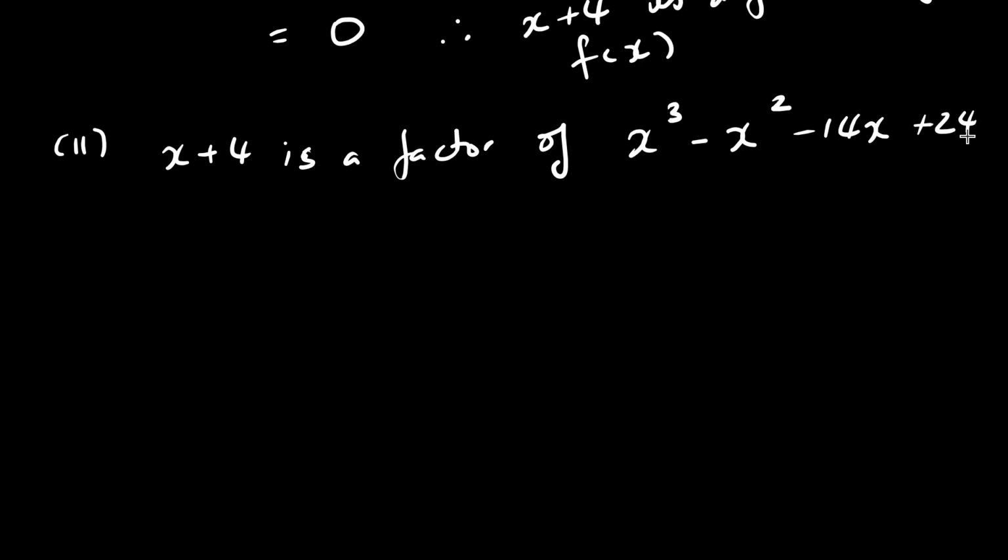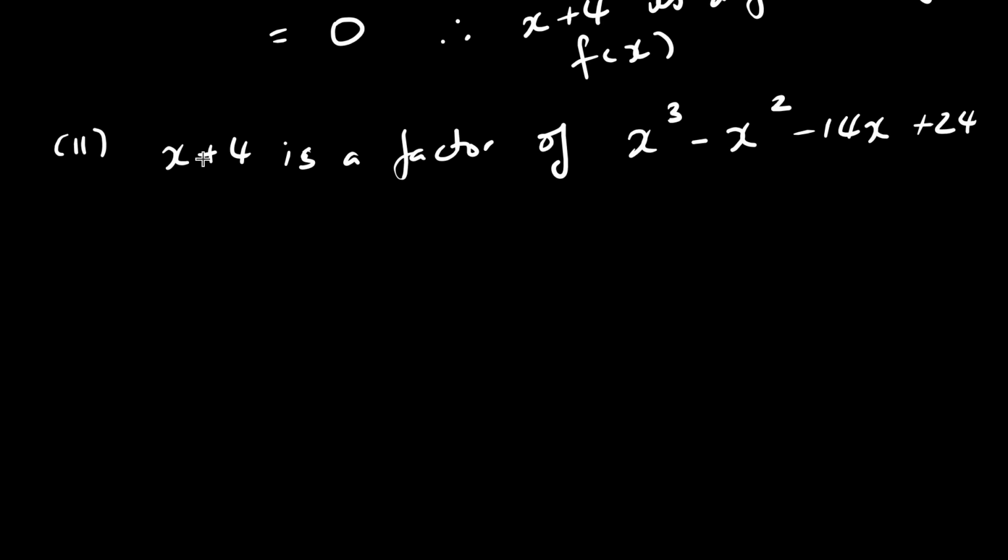Now, this is a throwback to what we did before. This is a linear factor, x plus 4, and this is a cubic term. We could just divide the cubic term by the linear term, get our quadratic, and factorize. That's all we're going to do.